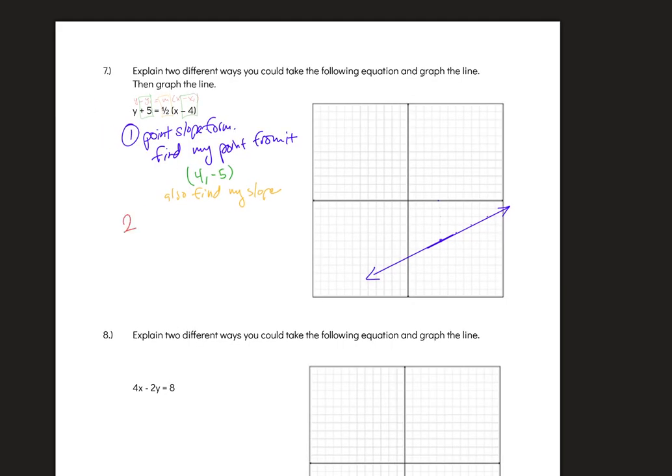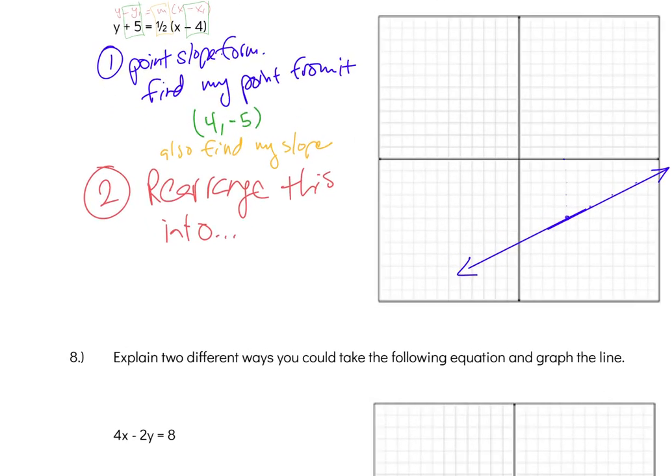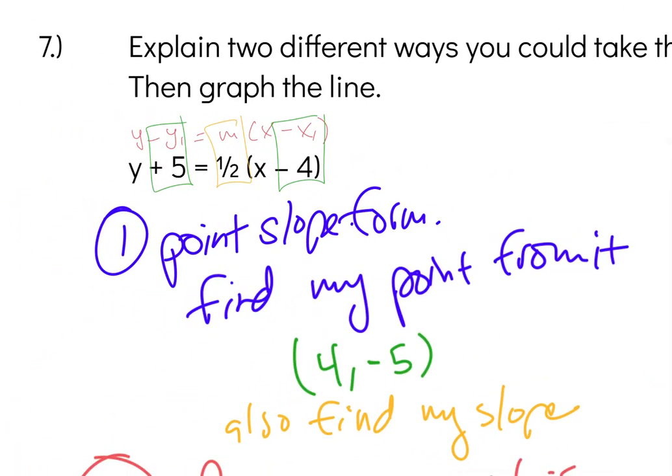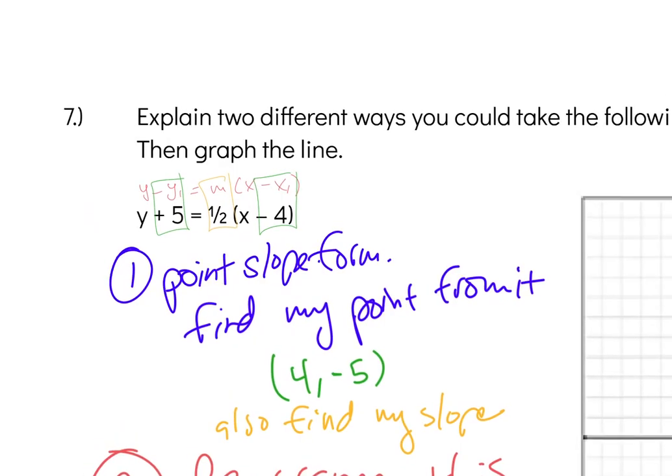And then now step 2 is I could rearrange this into, and then now here's where you have some choices. You could do standard form, you could do slope-intercept form. I'm gonna do slope-intercept form, which is y equals mx plus b. So let's do that. I'm gonna just come up here and do it.